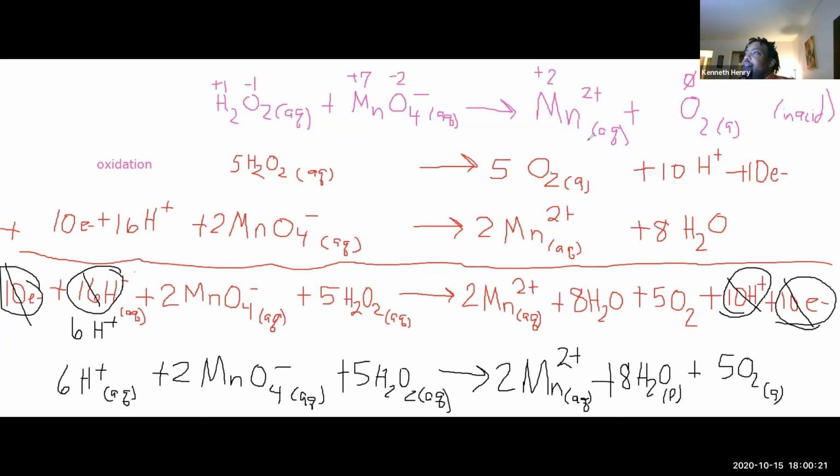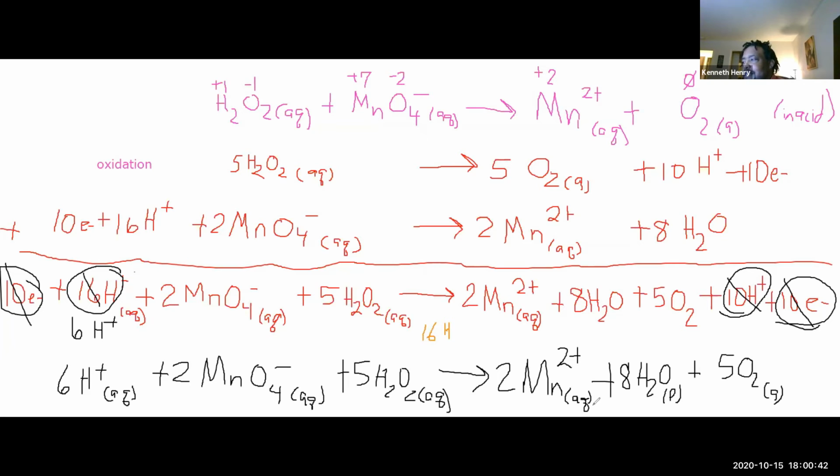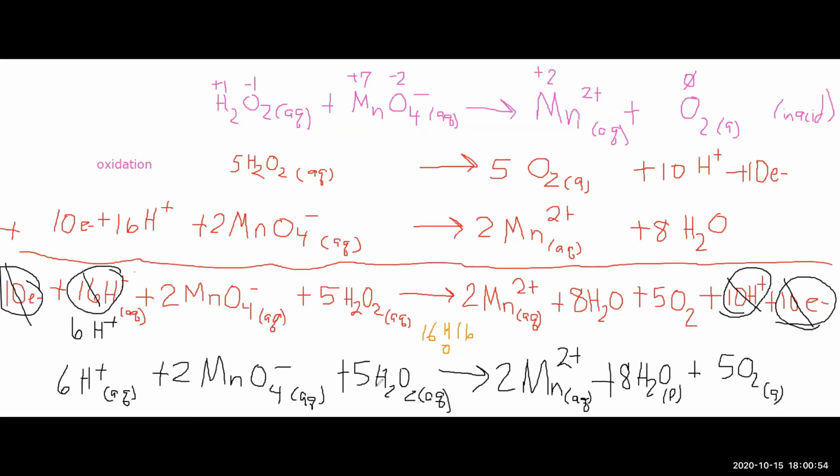Is it balanced? Let's go. H's. I have how many H's on this side? 16. What about on this side? 16. Oxygens. I have how many oxygens on this side? 18.